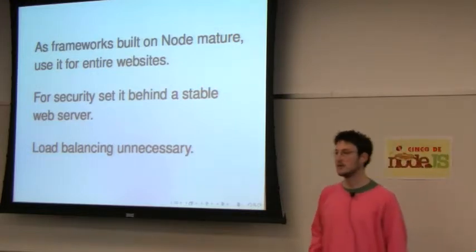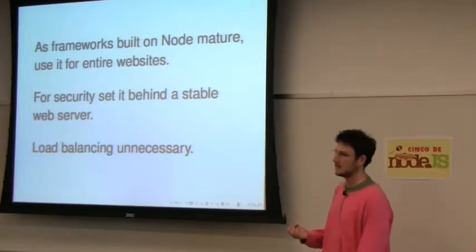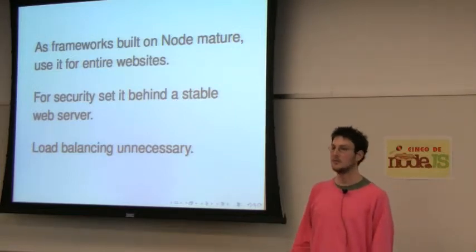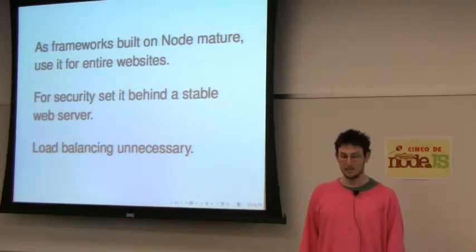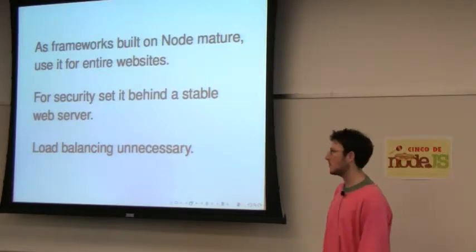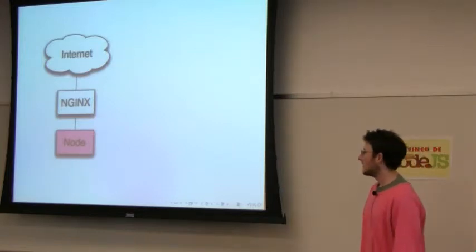But even once we get to this point, you're probably still going to want to set it behind some actual web server that doesn't crash or doesn't have exploits, just for security reasons. But load balancing won't be necessary. So maybe it's going to look like this.